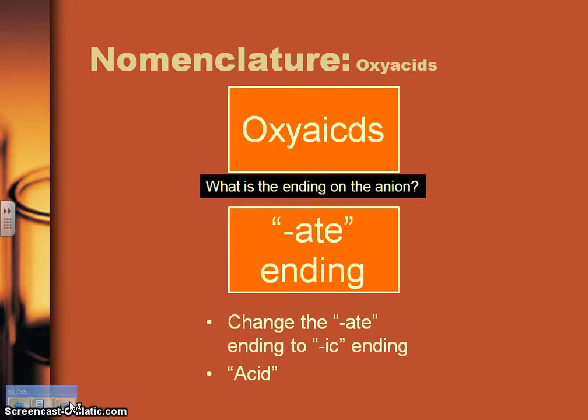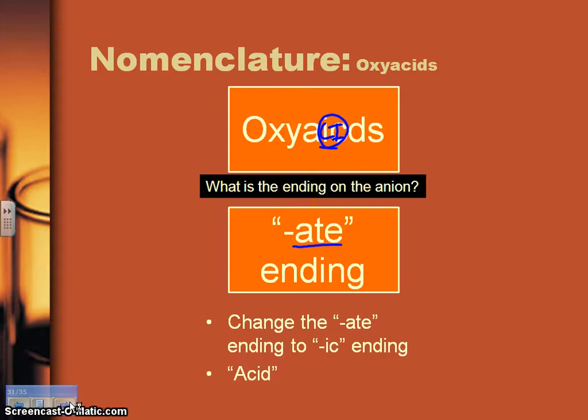Now, if the hydrogen is bound to one of the polyatomic ions, we have what's called an oxyacid. Please excuse my spelling error. We have an oxyacid. Alright? And all the oxyacids have the same ending. They all end in "-ate." So all of our polyatomics end in "-ate."